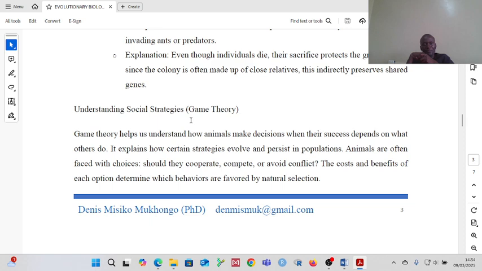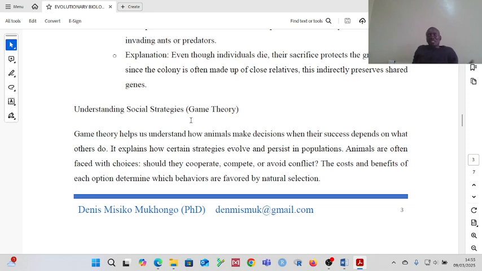Okay? So the strategies that they employ, what is it that informs their decision? How do they end up deciding on what to do, especially when their ability to be successful depends on the acts of others? So the game theory also explains how certain strategies evolve and persist within populations.